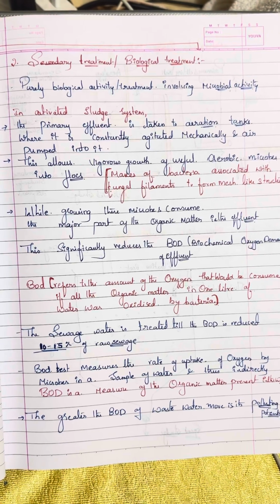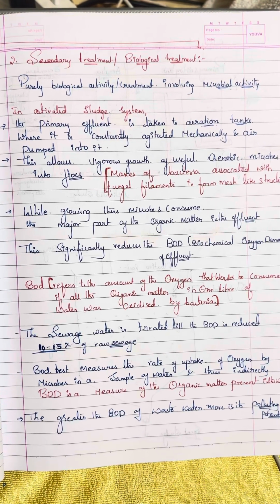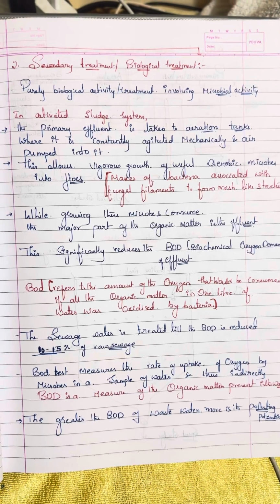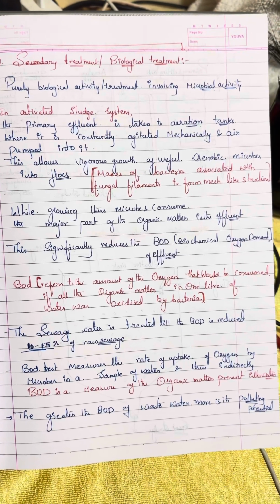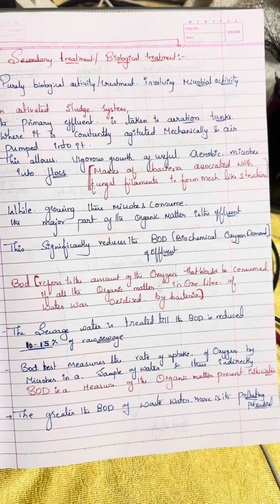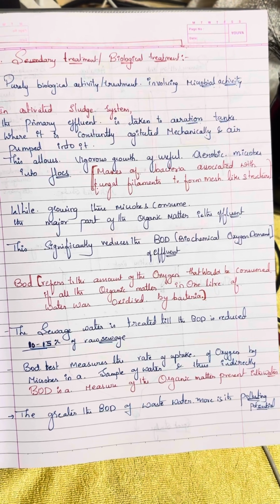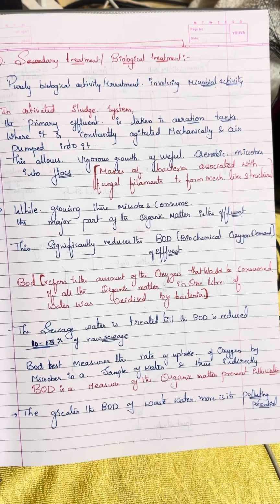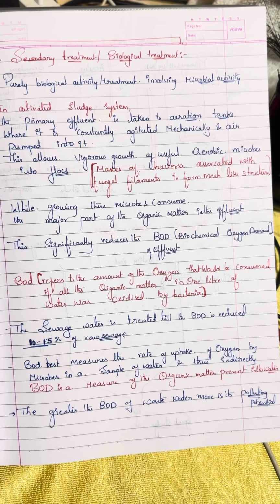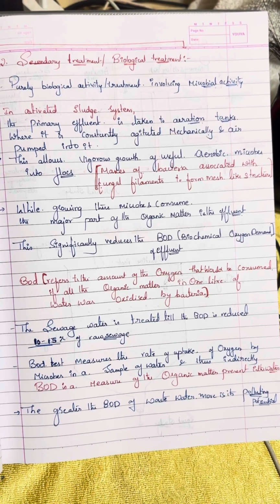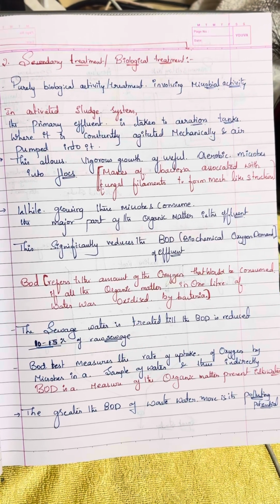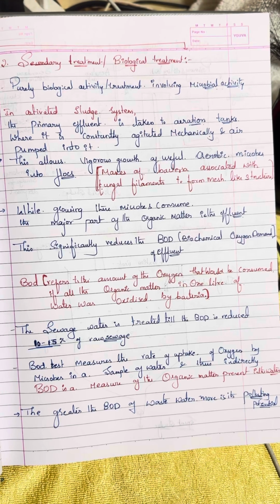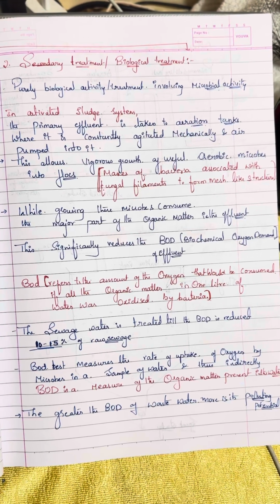Air is given mechanically and pumped into it so that oxygen is available. This allows the vigorous growth of useful aerobic microbes into flocks. What are flocks? Masses of bacteria associated with fungal filaments to form a mesh-like structure are called flocks. While growing, these microbes consume the major part of the organic matter in the effluent.